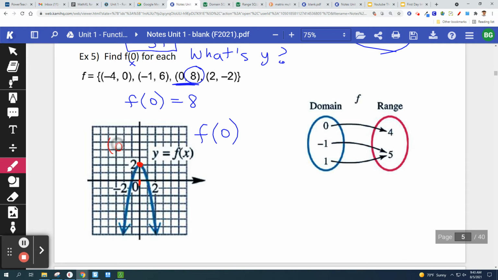The point is 0, 2. So the question says, when x is 0, what's y? Well, it's 2. When x is 0, y is 2. F of 0 equals 2. Students really struggle with that one. And then the next one is a mapping. That's not that bad. When x is 0, y is 4. F of 0 equals 4.